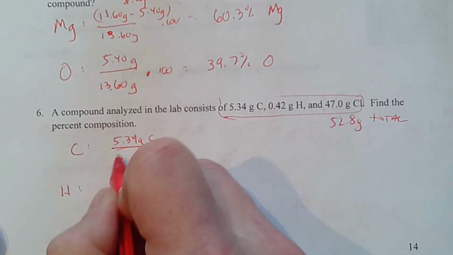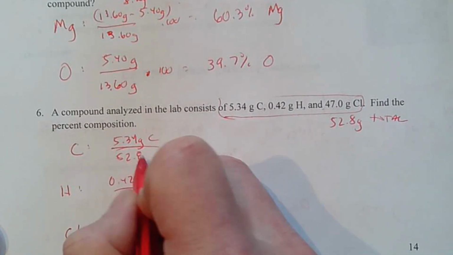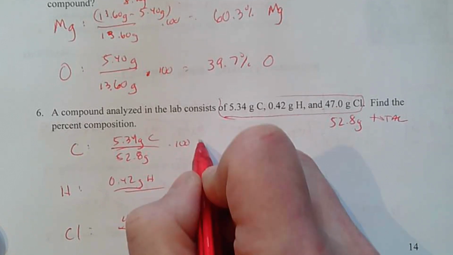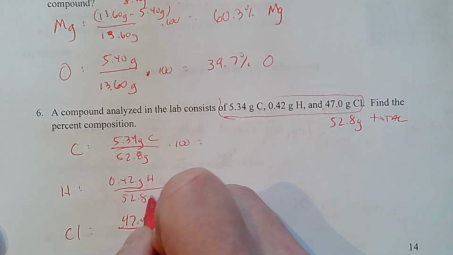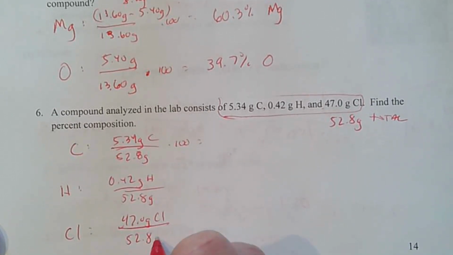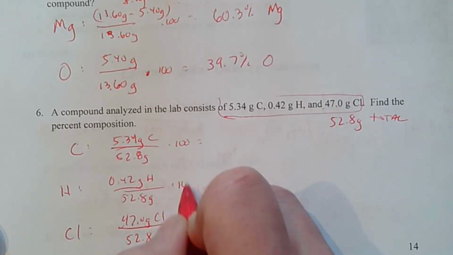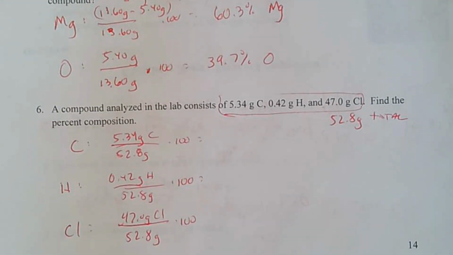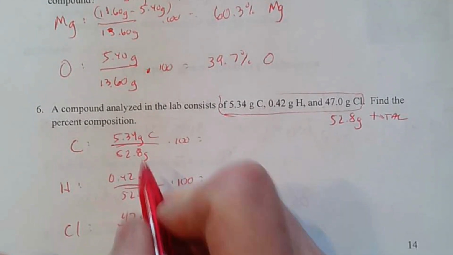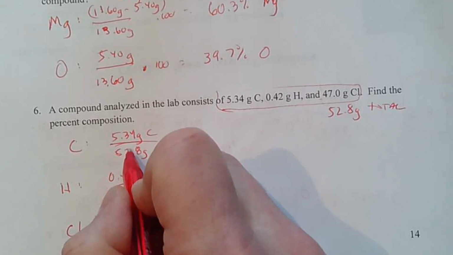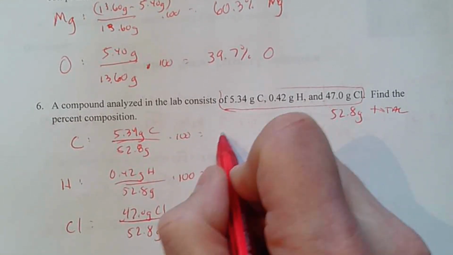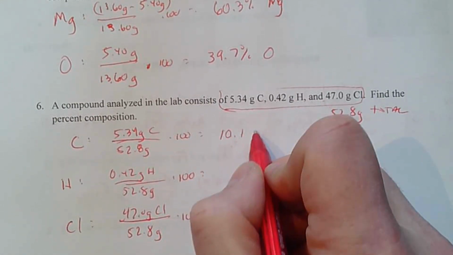So that goes here, here, and 52.8 down here, and everything here gets multiplied by 100. So then we just have to put it into our calculators. This divided by this times 100 becomes 10.1%.